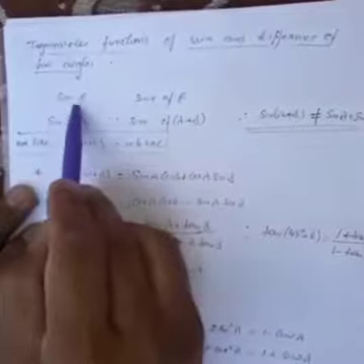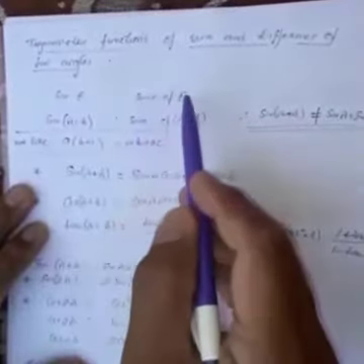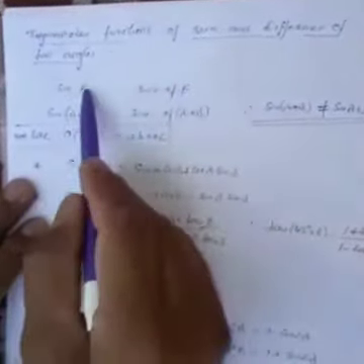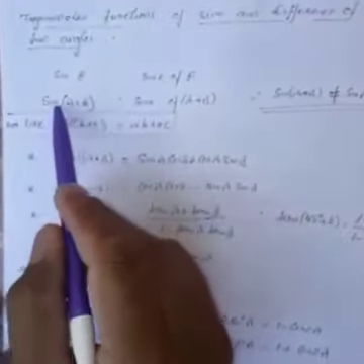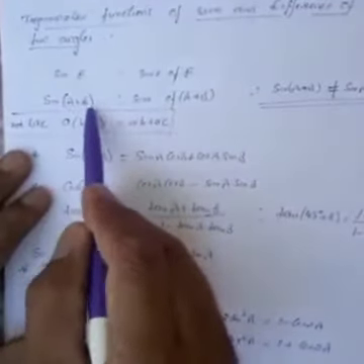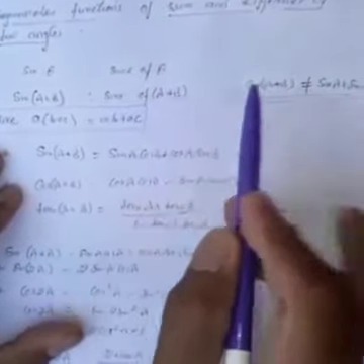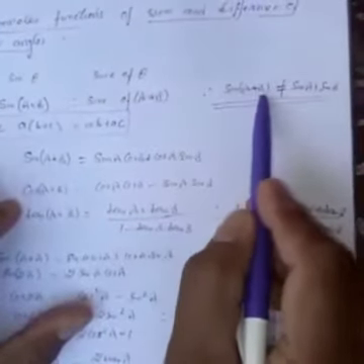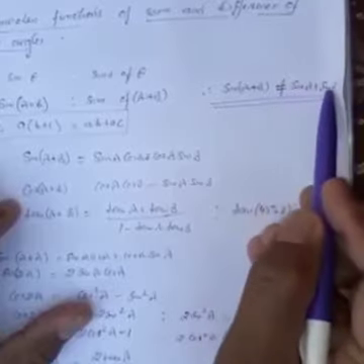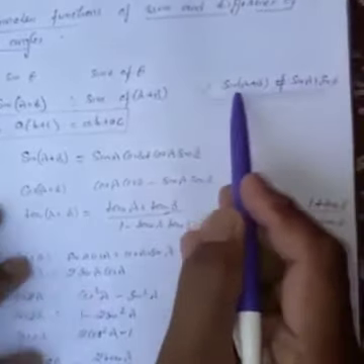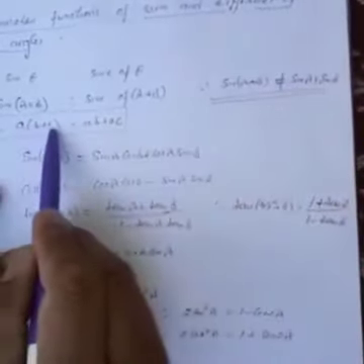This is not multiplication. This is sine of theta, a single term only. Similarly, sine of A plus B, we pronounce it as sine of A plus B. And sine of A plus B is not equal to sine A plus sine B, because we can do so only when it is multiplication.